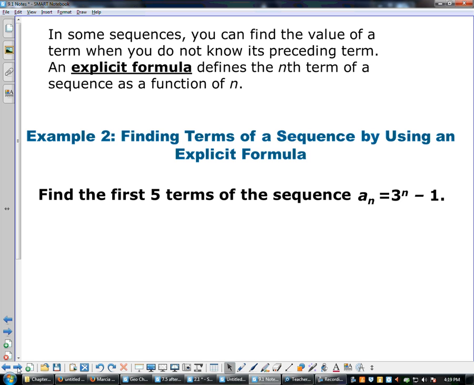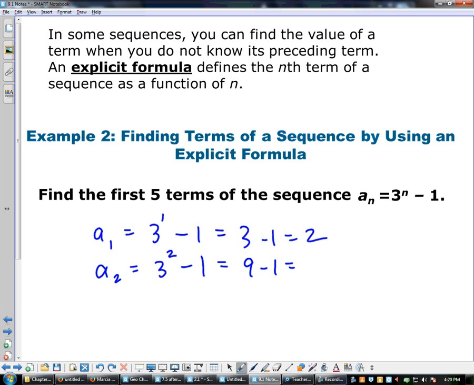Find the first 5 terms of this sequence, a sub n equaling 3 to the n minus 1. So a sub 1 is going to be 3 to the first minus 1, which is 3 minus 1, or 2. A sub 2 is going to be 3 to the second minus 1, which is 9 minus 1, which is 8. A sub 3 is going to be 3 to the third minus 1, which is 27 minus 1, or 26.